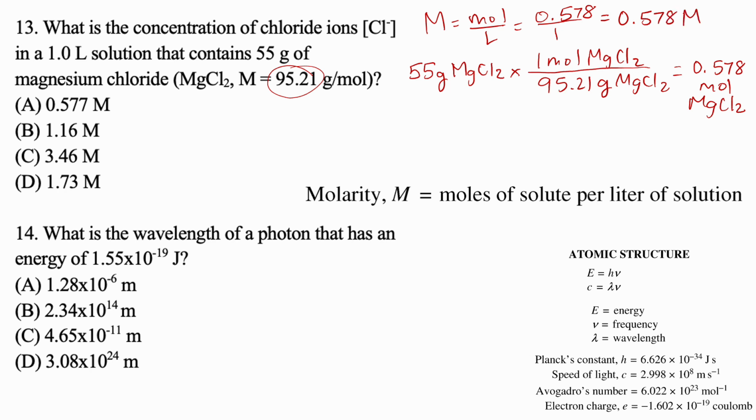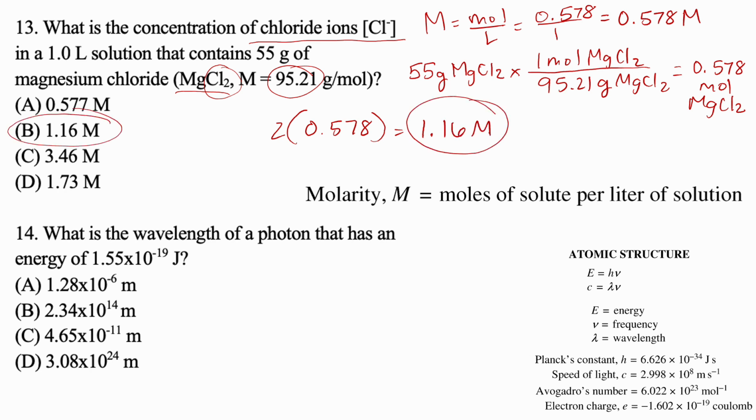But now that I have my concentration, please note that it's asking the concentration of the chloride ions. In magnesium chloride, I have 2 chlorines. So I would take my 0.578 and I would multiply it by 2 because I have 2 chlorines in that specific compound. So that would give me 1.16 molarity as my final answer, or B.